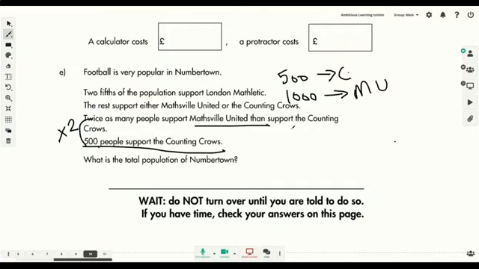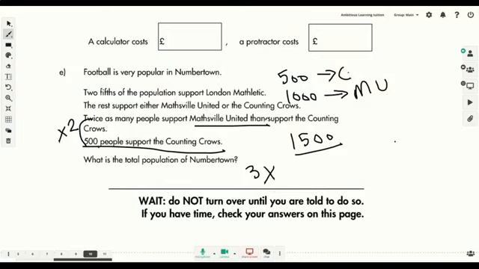And let's combine these two. If you combine this, then 1,500 people combined from these two. I've added them. And then they are telling us about the rest.